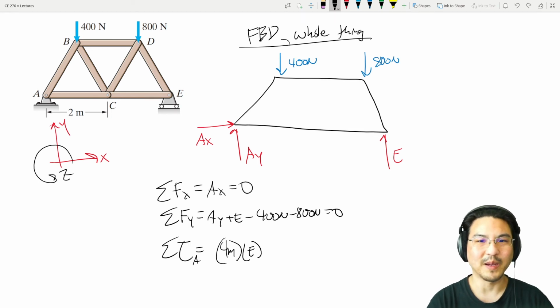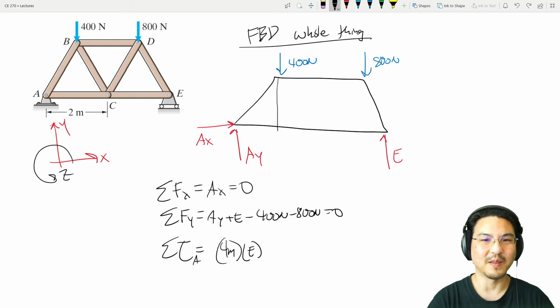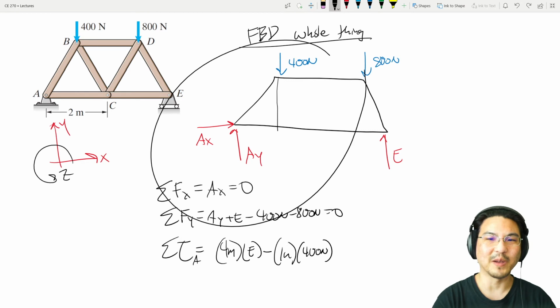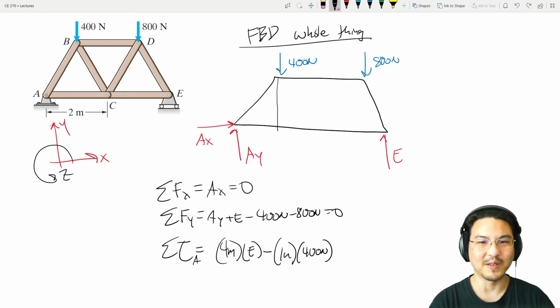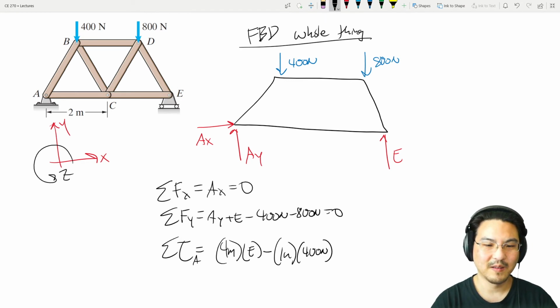And then torque by this is here to here, which is 1 meter in the negative z direction, so negative 1 meter, 400 newtons. And then the torque from this is going this way in the negative z direction, negative.